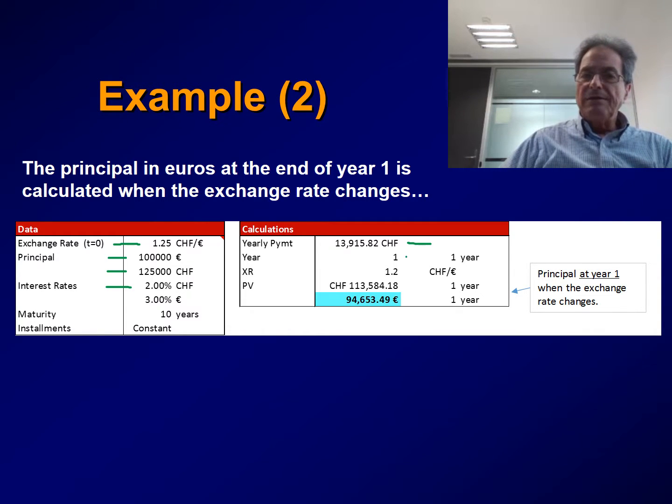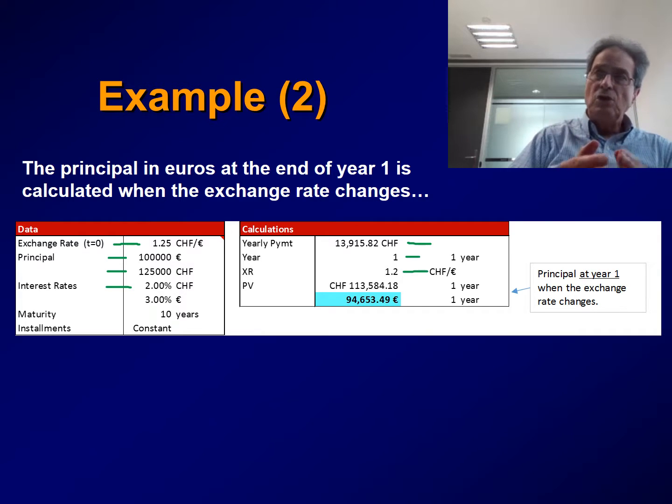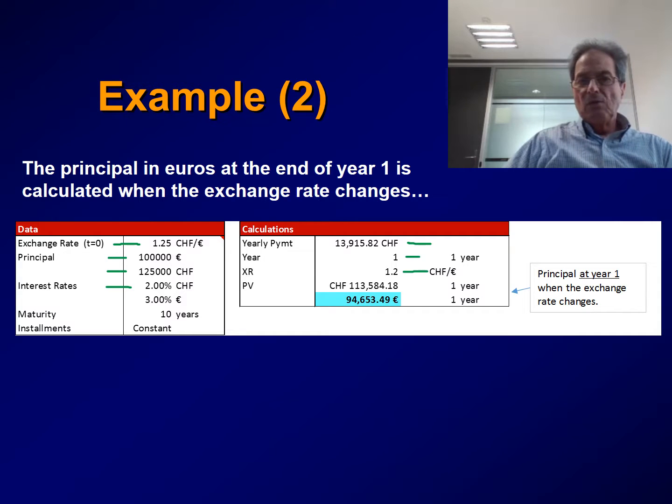At the end of year one, let's assume that the new exchange rate is 1.2. It went from 1.25 to 1.2, so we have a slight revaluation of the Swiss franc in terms of euros. Let's calculate the present value of the remaining installments in Swiss francs.